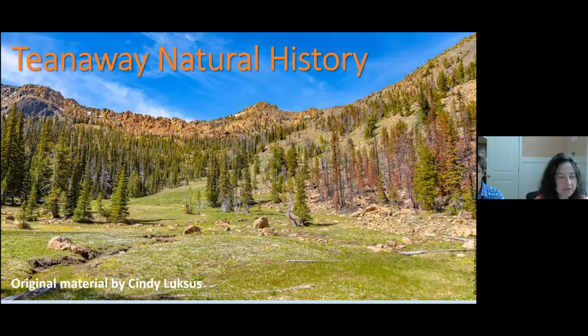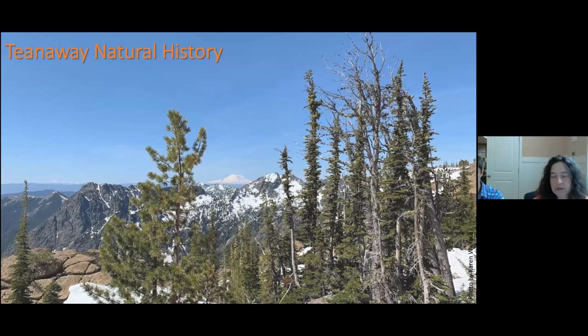All right, Cindy Luskus put this slideshow together originally. This is a classic picture of the Teanaway area. Unfortunately, you can see some of the trees are not so healthy. So in the Teanaway, the area's climate features warm, dry summers and cold, wet winters. And you'll find a mix of sedimentary sandstone deposits, volcanic basalts, metamorphic rocks, and glacial and river deposits.